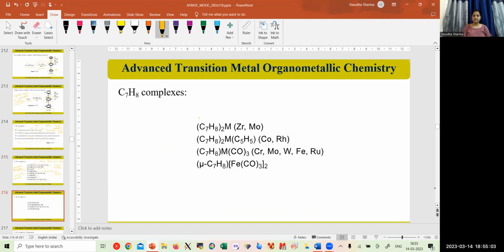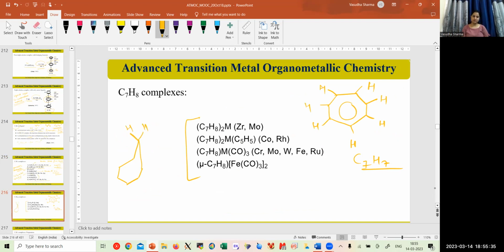So some of the examples of C7H8, where we have seen that it could possibly occur as a small p. So 1, 2, 3. So this is C7H7. And here one extra electron is there.